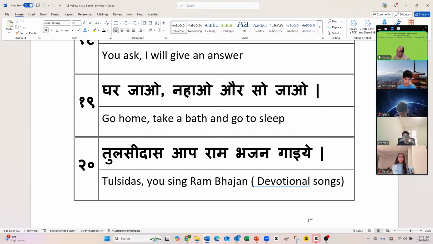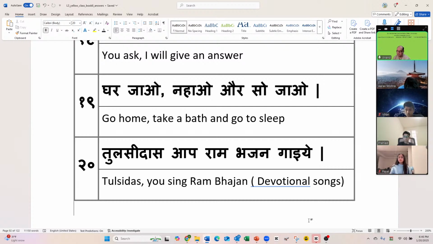Some people say it was written around the 10th century BC, but that is up for debate. Tulsidas wrote the first Hindi version of Ramayana in probably the 14th or 15th century.